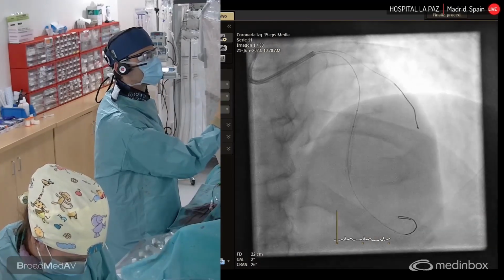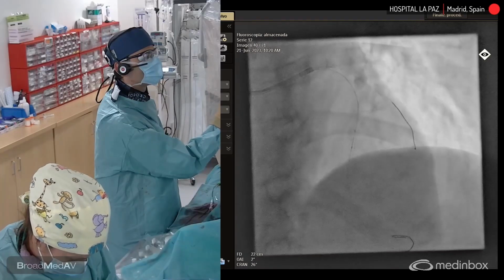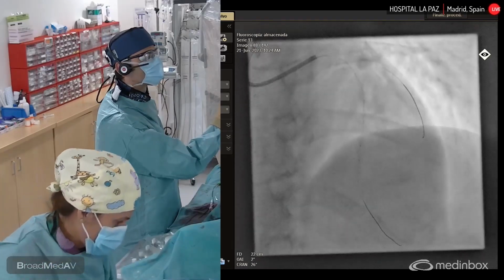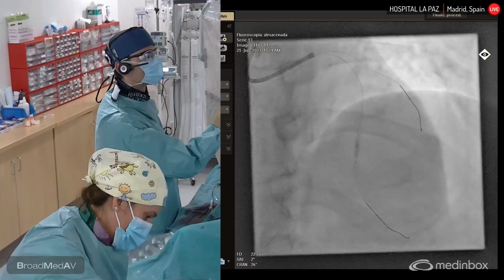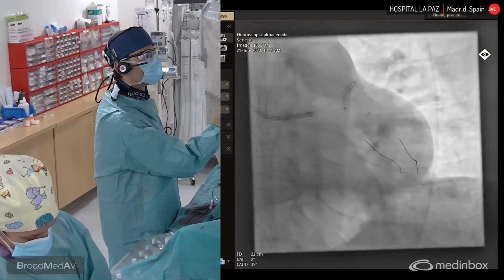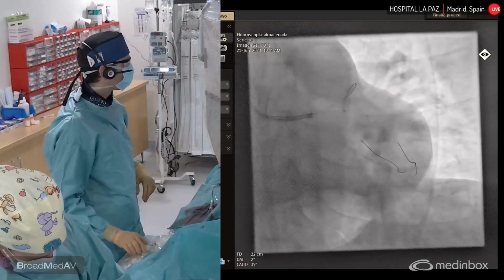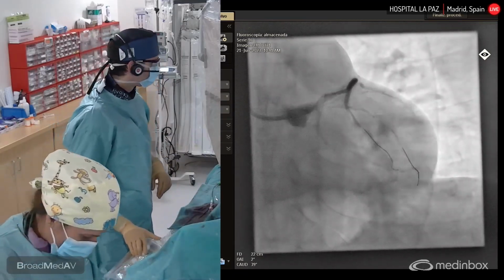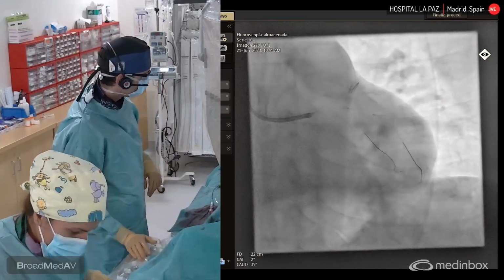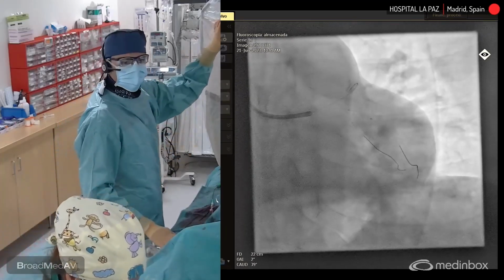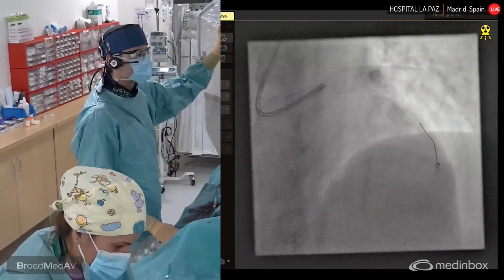I know where the cine is, but we have checked with the IVUS and it's quite good. Okay, let's do another one in the coronary view because I don't know if we have done it. Very slowly.